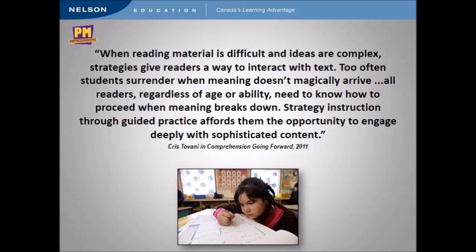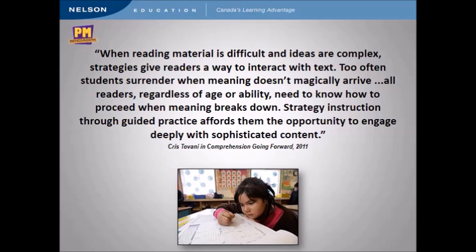We need to remember that the importance of instruction in small guided reading groups is to provide students with the strategies they need to get through complex text or text that presents new or difficult ideas. What we don't want is for the student just to give up and say, I can't figure it out.